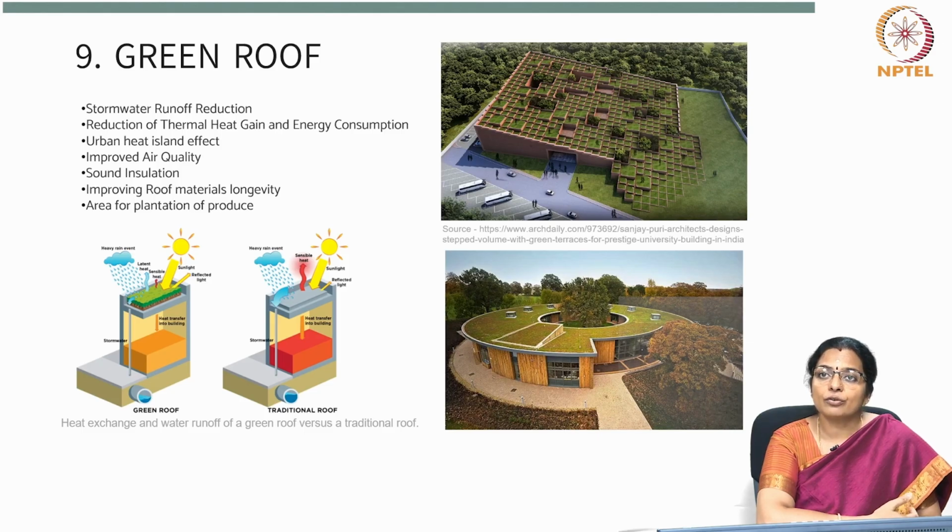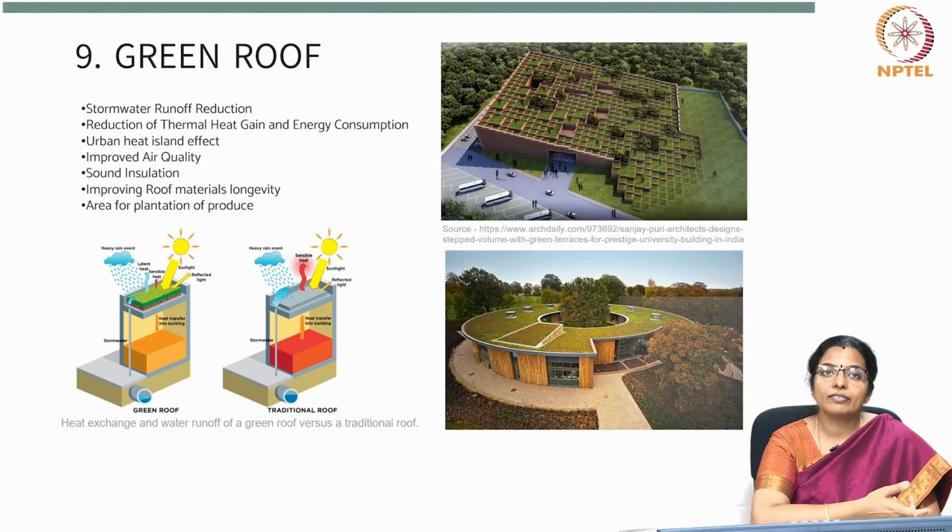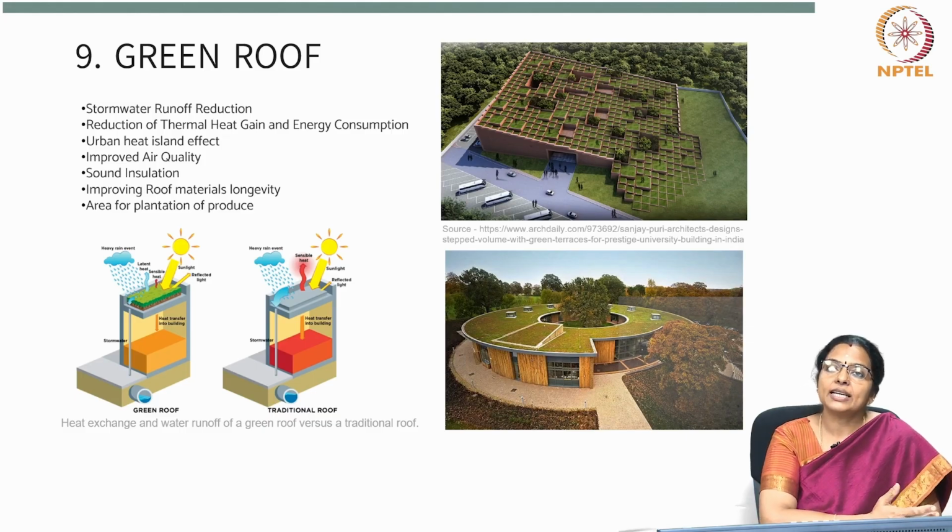The urban heat island effect gets reduced because the roof of the building does not reflect too much heat. If all buildings in a particular area do not reflect heat from their roofs, then the heat island that is formed in urban areas gets reduced.